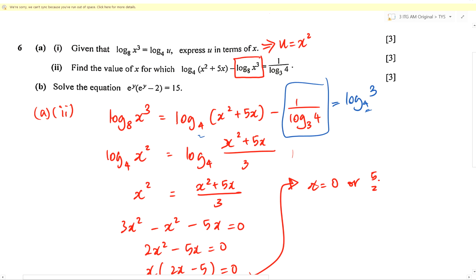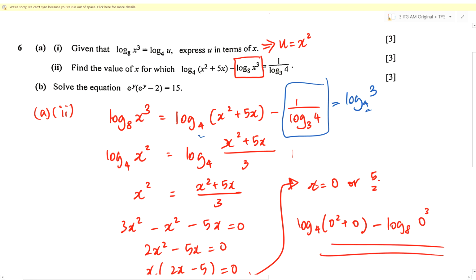So when x is equal to 0, we have log base 4 of 0 squared plus 0, minus log base 8 of 0 cubed. Is this possible? If you can't remember, use your calculator: log base anything of 0. So log base 10 of 0. Oh, it's an error.